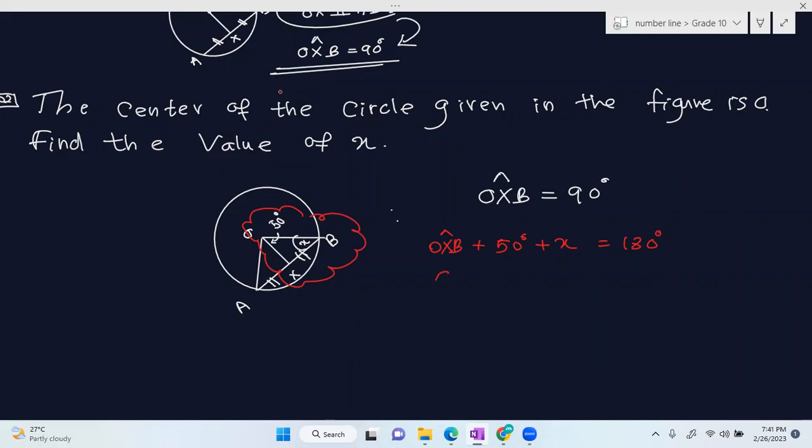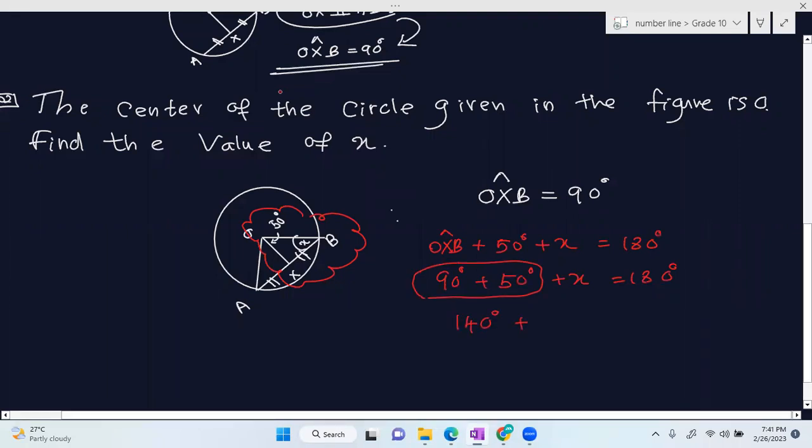Then for OXB we have found it is 90 plus 50 plus x equals 180. So 90 plus 50 is equal to 140. Add x equals 180. Then x is equal to, you can take 140 to the other side, 180 minus 140. x equals 40 degrees.